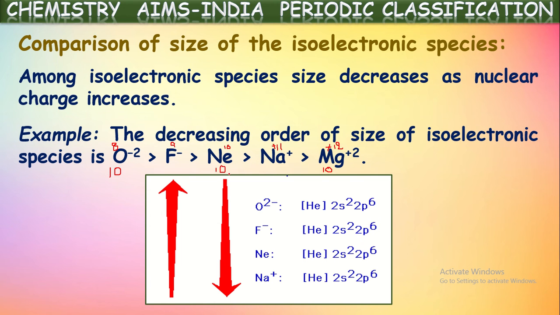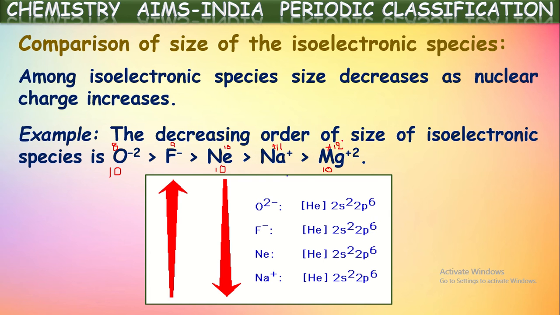For magnesium, the positive charge is 12 units, and the negative charge, that means the number of electrons, is only 10 units. As the positive charge is more, it has greater nuclear charge. Being greater nuclear charge, it can attract the electrons towards it more than all the rest, and hence the size will be less for this magnesium plus 2 ion.